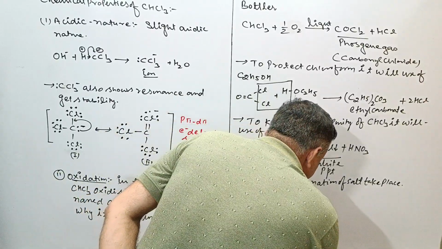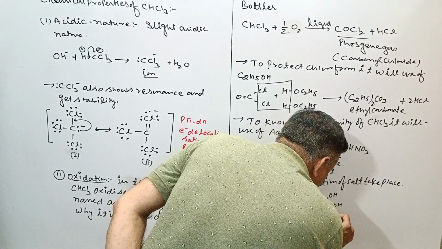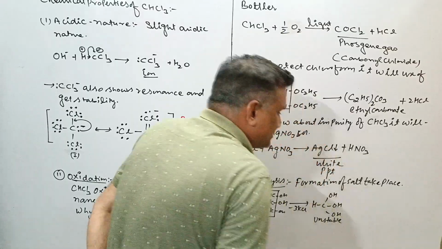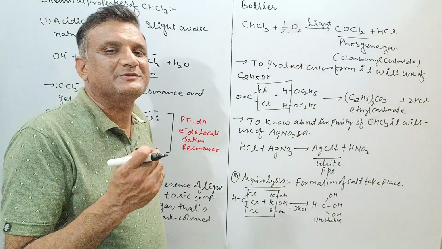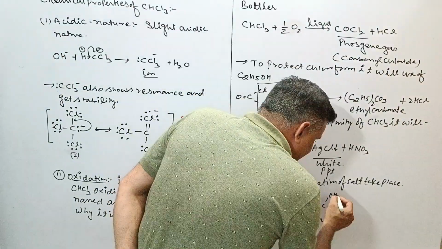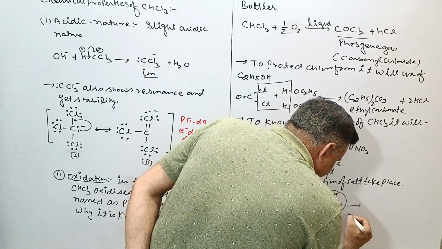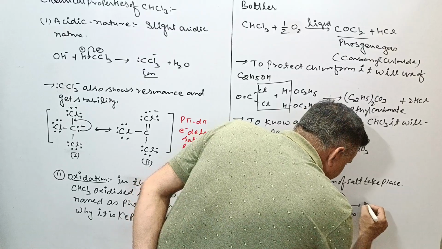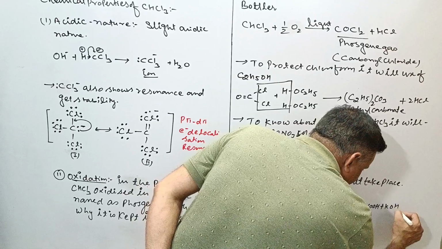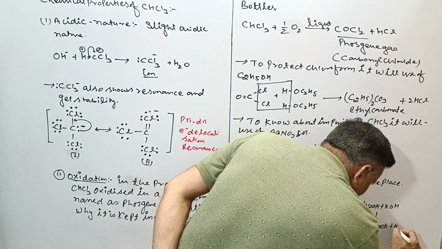Here will be formation of HC(OH)3. This is unstable because there are 3 OH groups and it is not possible to have more than one OH group on one carbon. So it will be unstable and it releases water and changes into formic acid, HCOOH, and further on reaction with KOH, it gives HCOOK salt plus water.